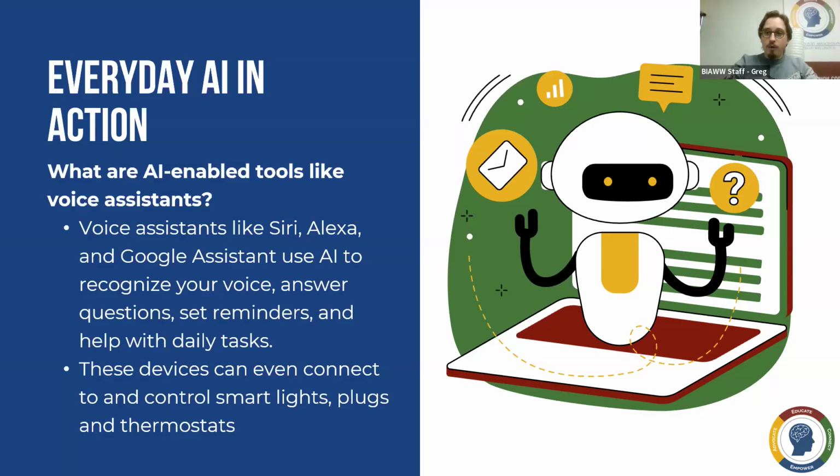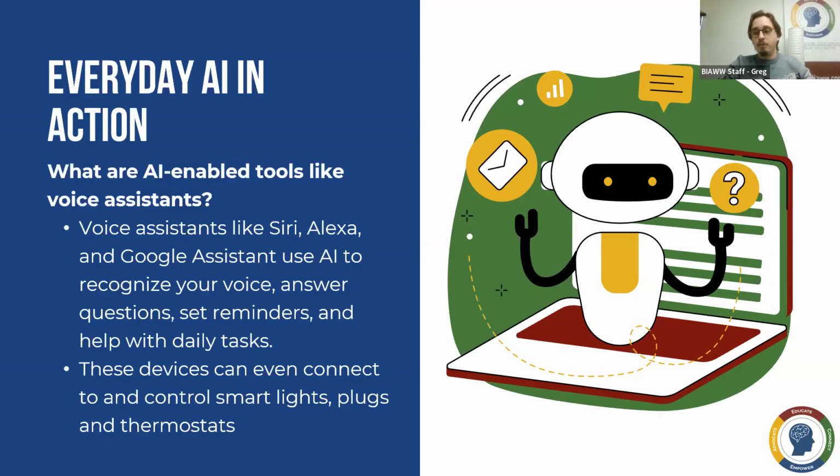So one more thing I want everybody to know is that these devices can connect to and control a variety of smart devices. So there are devices called smart lights, smart plugs, and smart thermostats. When we say smart, what it means is that these devices can connect to the internet and be controlled from another device. So a smart light, for example, you can turn on and off from your phone. So you'll have a little menu and you can see whatever devices you have in your home, and you can flick them on or off from your phone.